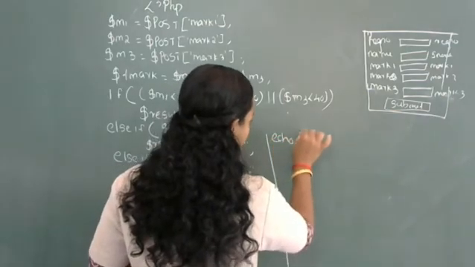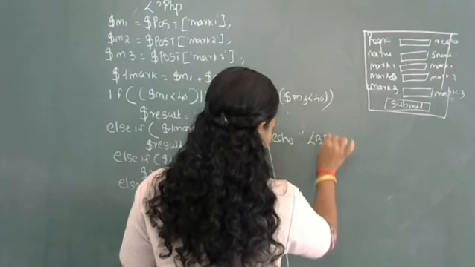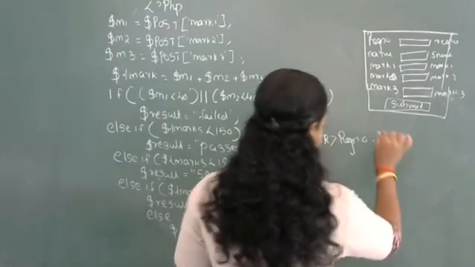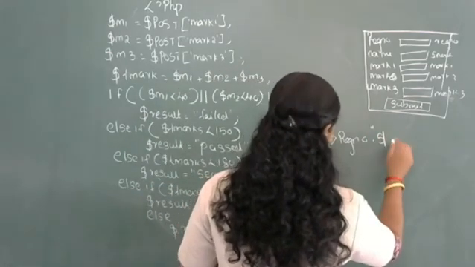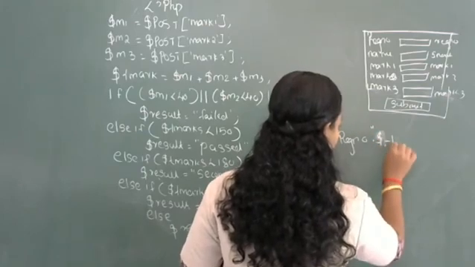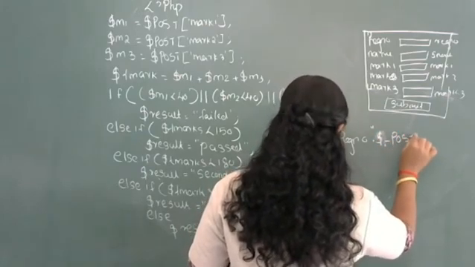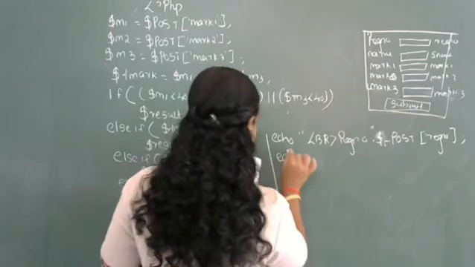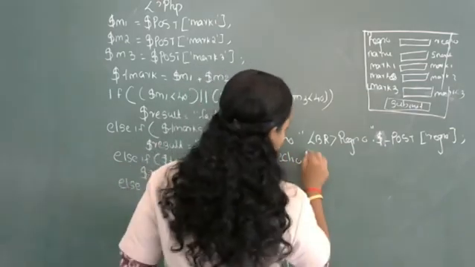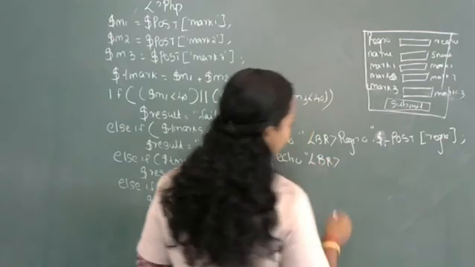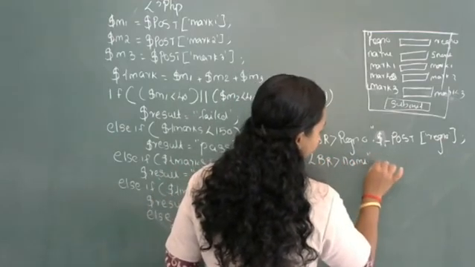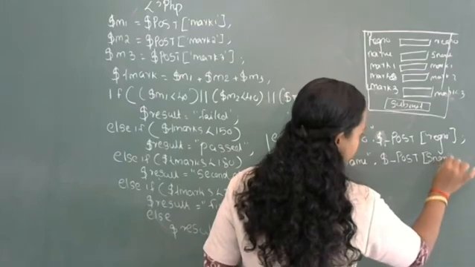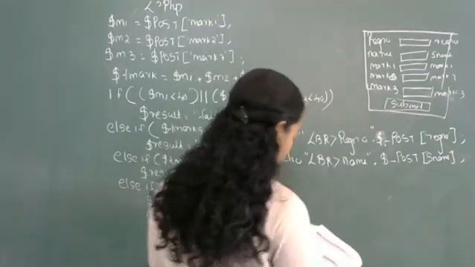Echo BR, register number dot $_POST register number. Then echo BR, name dot $_POST sname.